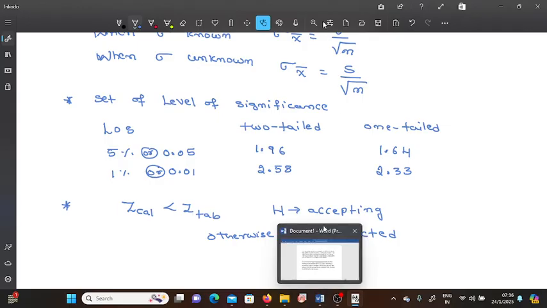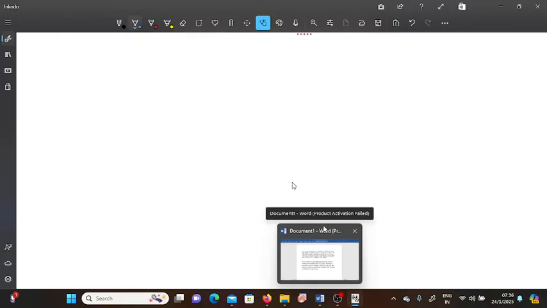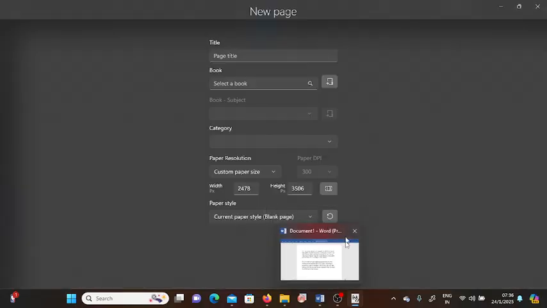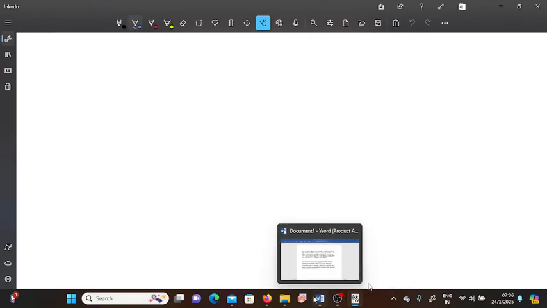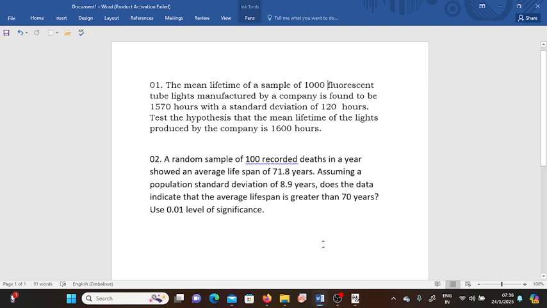Now I will consider a problem for the Z test. Whenever we are solving a problem, we have to be careful about the sample size given. Based on the given sample size, we decide whether to apply the Z test or the T test.